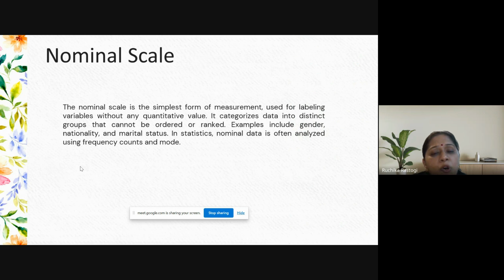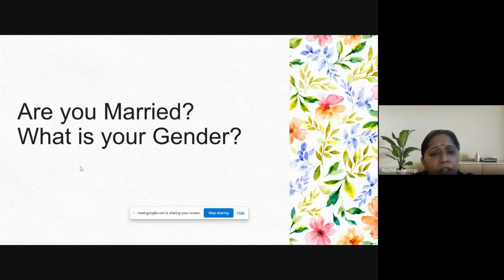The responses are just like an identifier, where we can give the total number of students, the total count, and the percentage of each item out of the total number. We saw this yesterday with many examples, and two general examples were: are you married? What is your gender?